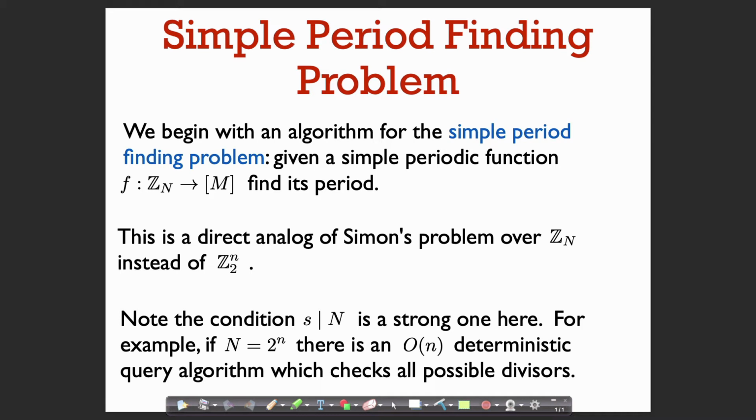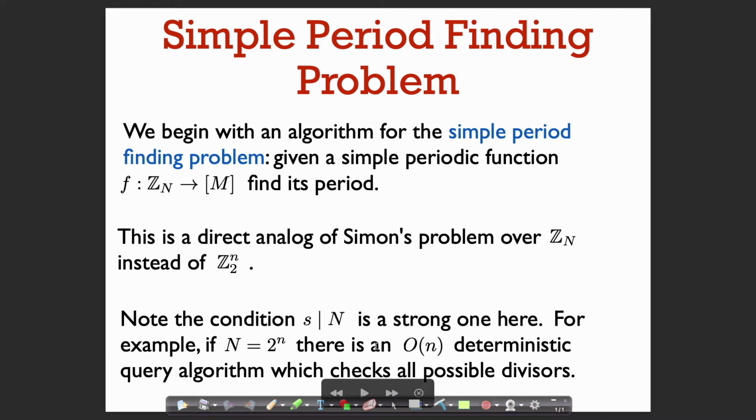You have to be a power of 2 to divide 2^n: 1, 2, 4, 8. So there's actually only little n many divisors here. So this simple period finding problem, when you're working over Z_{2^n}, when capital N is 2^n, is actually pretty simple.